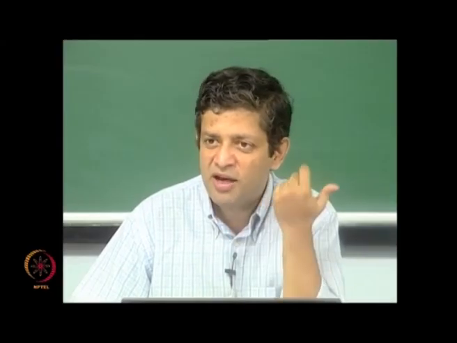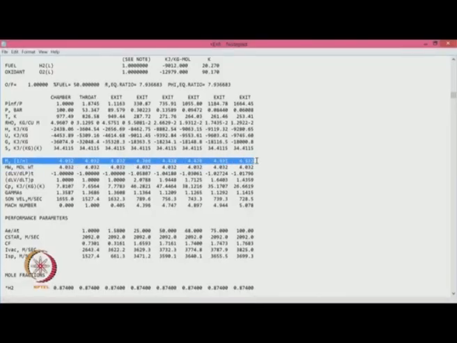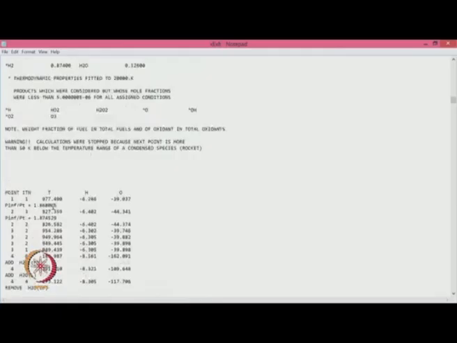If we use a very low O by F, as you can see here, molecular weight is also very low. Although temperatures are lower, molecular weights are also lower, but still, as C star is nothing but under root T c by m, we finally will get something like 3600 seconds.